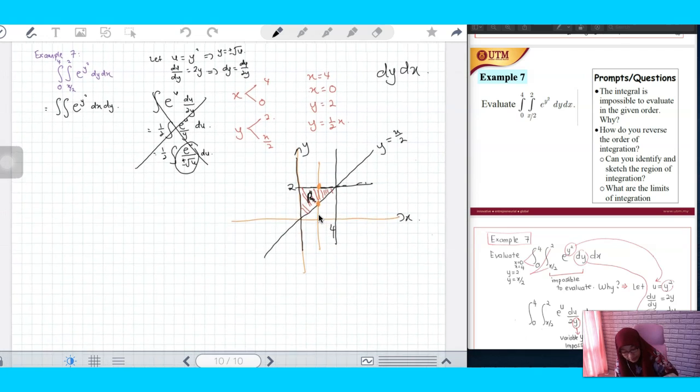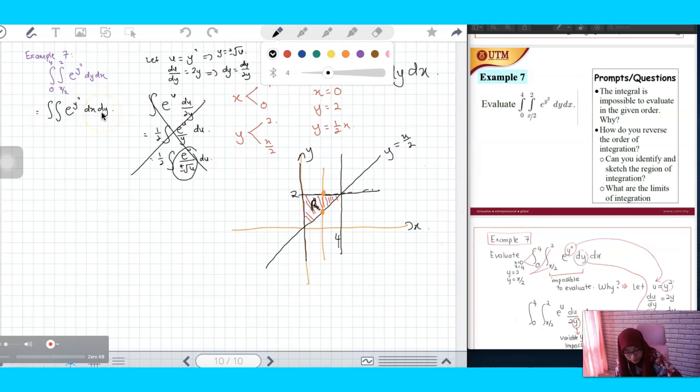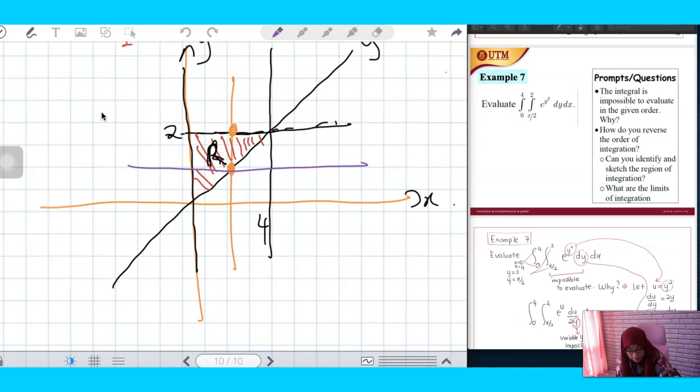From the region that you have sketched, now we want to proceed with the new order, which means that y now is constant. So you have to provide the horizontal line. So now y is constant, lying between 0 and 2. And how about x?